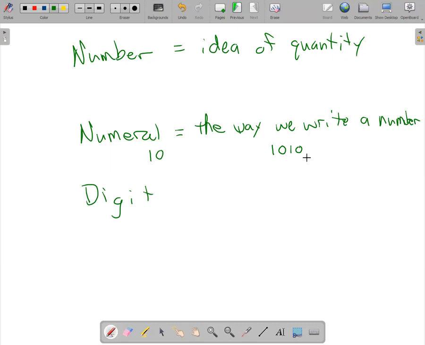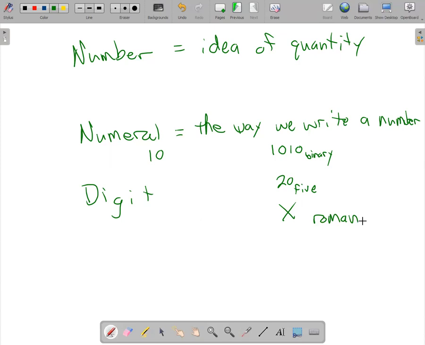So this is 10 in binary. That's a numeral representing 10. If you agree, we're basing on 2s, not on 10s. We could write 10 in base 5. Or Roman numerals. They're just different ways to note the idea of 10 things.